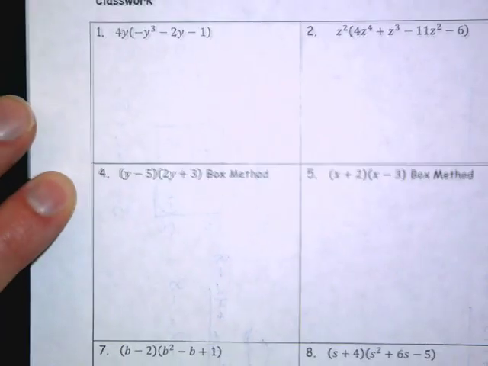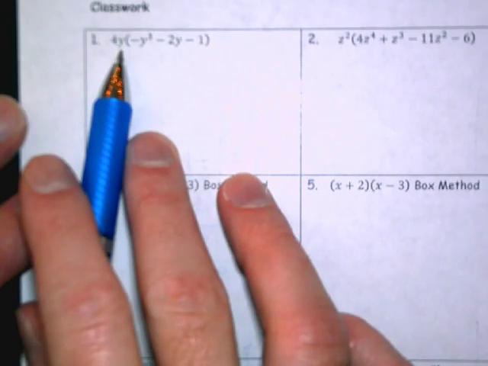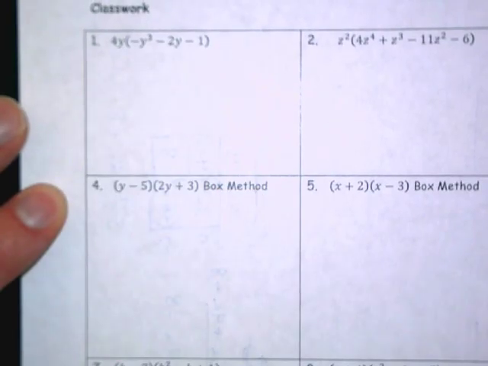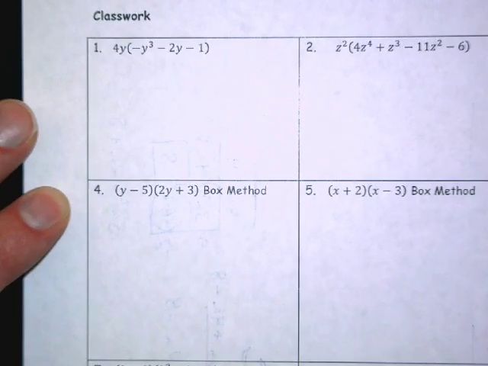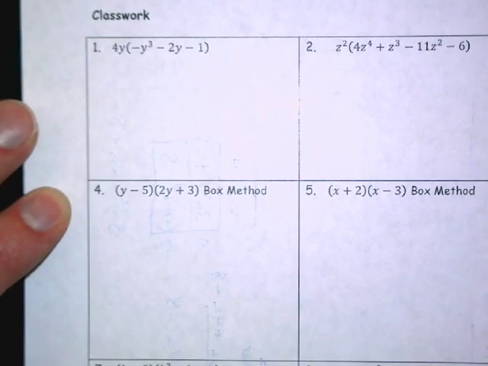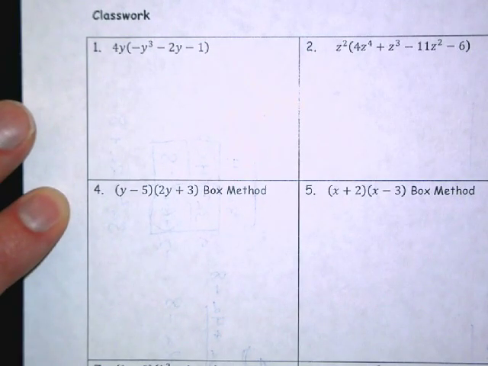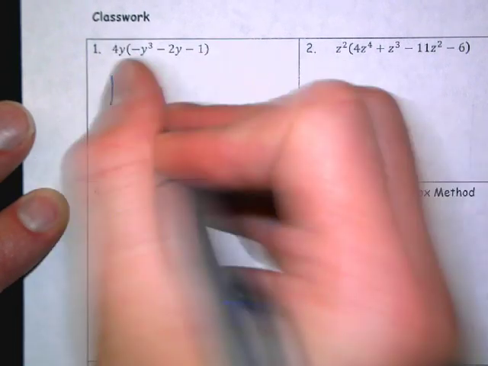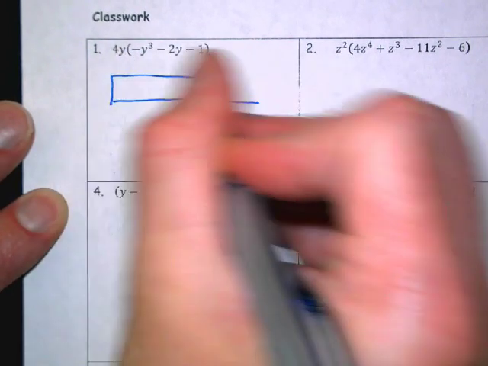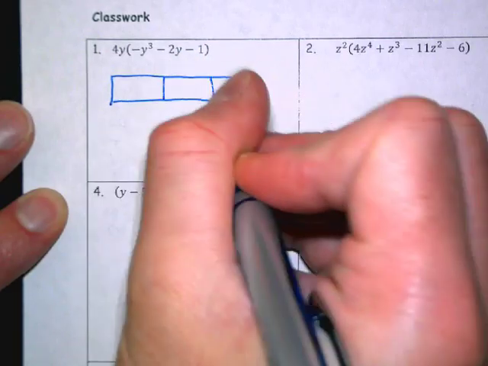And the last thing I wanted to show you is, because there's always some people that are like this. They're really good at the box because it's visual, and they struggle where you just have to distribute, like 1, 2, and 3 are. If you struggle where you just have to distribute and you go with the box, you can make a box out of this.